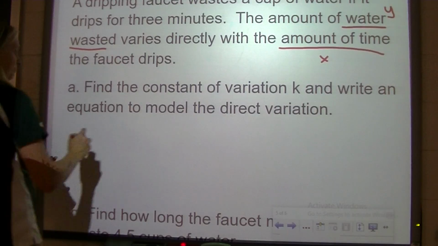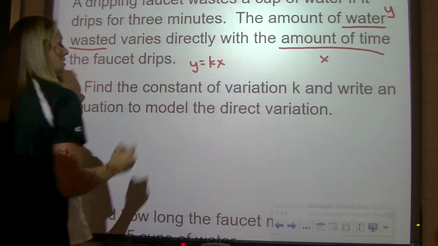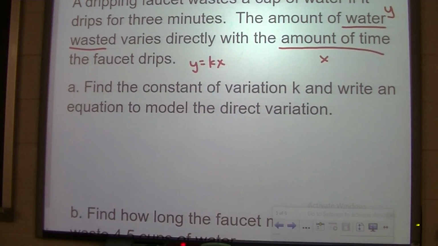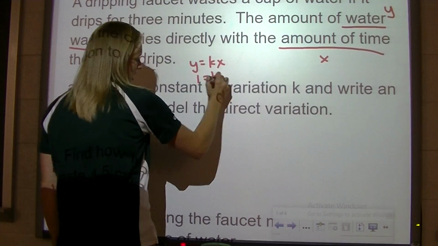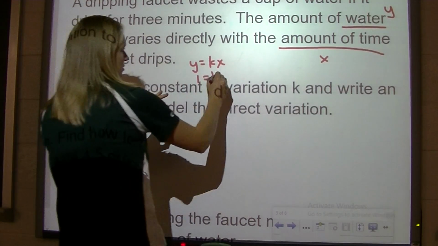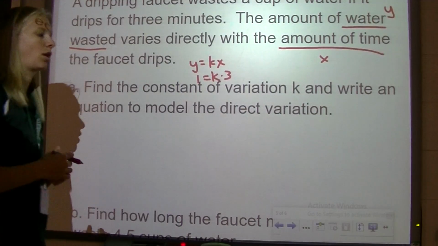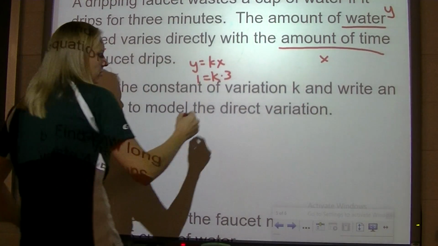So y equals kx. The amount of water wasted was 1 cup. So we have 1 equals k. And then the amount of time the faucet drips is 3 minutes. 1 equals k times 3. We just did a unit on solving equations. Solve for k, divide by 3.